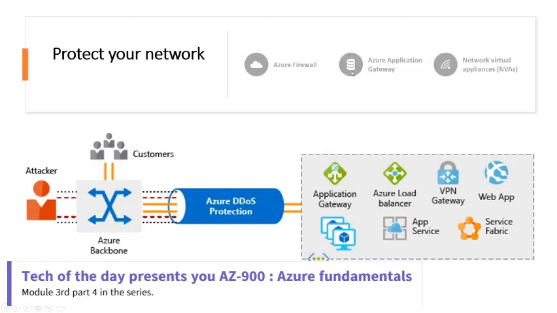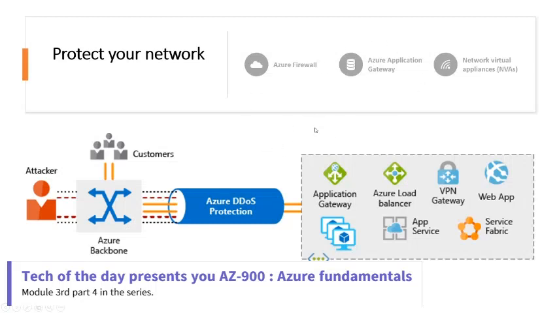So Azure Application Gateway is designed to protect HTTP traffic, and it uses a web application firewall. Network virtual appliances are ideal options for non-HTTP services or advanced configurations and are similar to hardware firewall appliances. So these are three types of protections in your network.